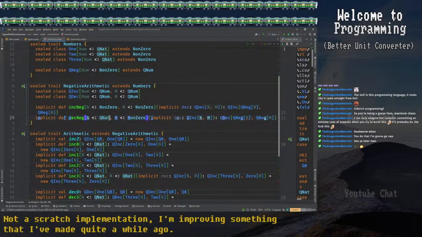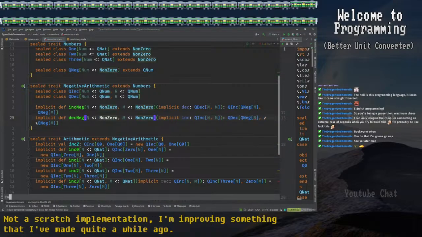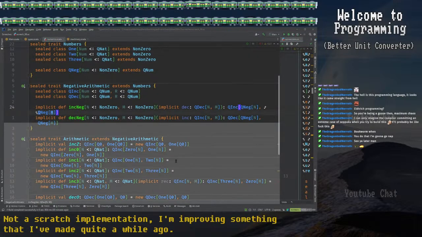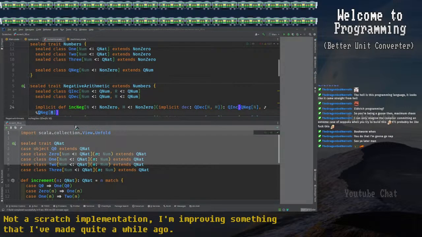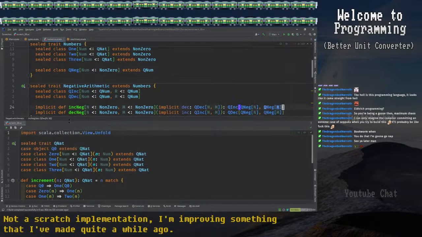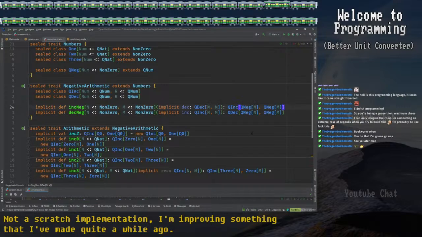Actually, you can't even have -0. That's not something we want. We don't want -0. -0 is weird, and not in a good way. So we don't actually want -0.